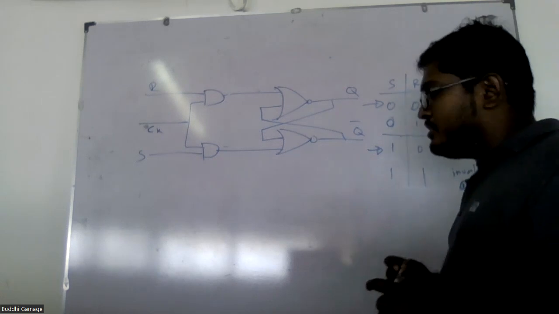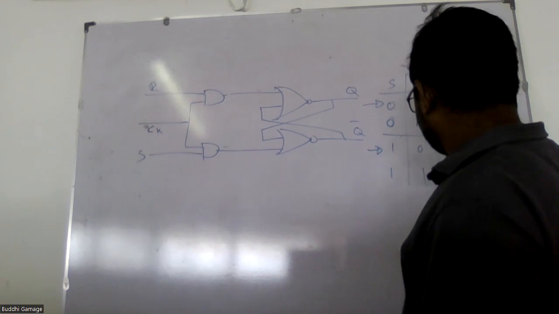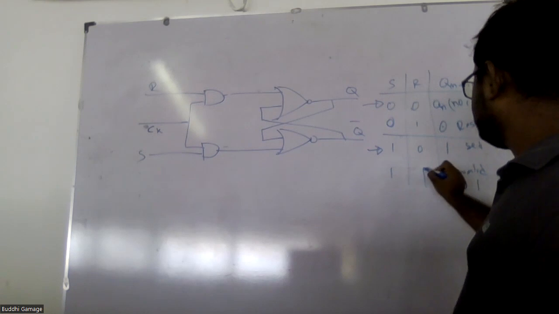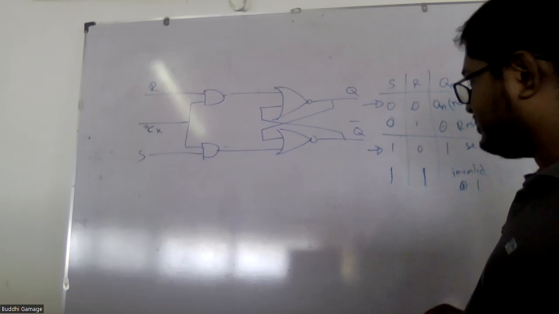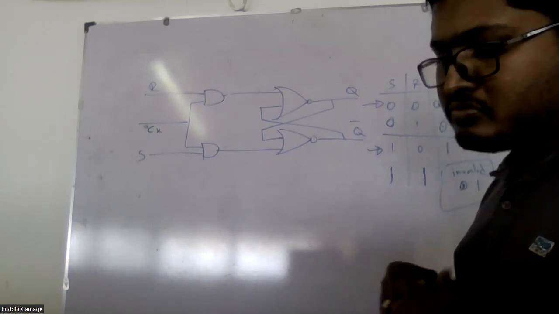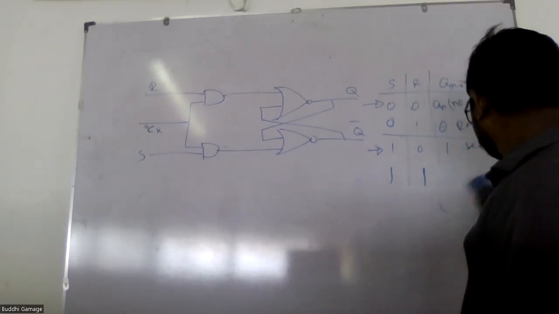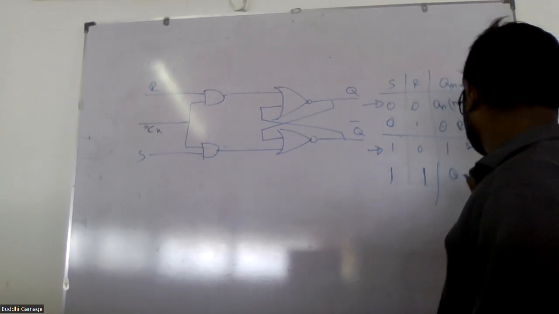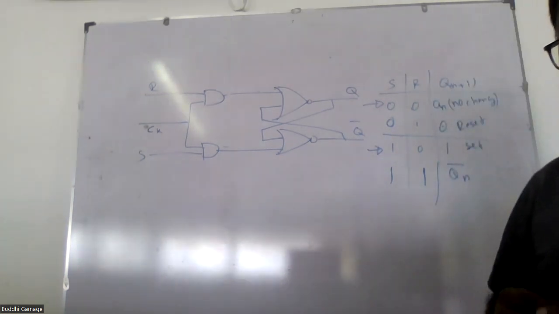So it is dependent on the implementation. When we are using this, we are not going to consider the state where both S and R are 1. So there is a problem for this particular state. Let's say we can change this to something like this, since this is Q bar, so our problem will be solved.